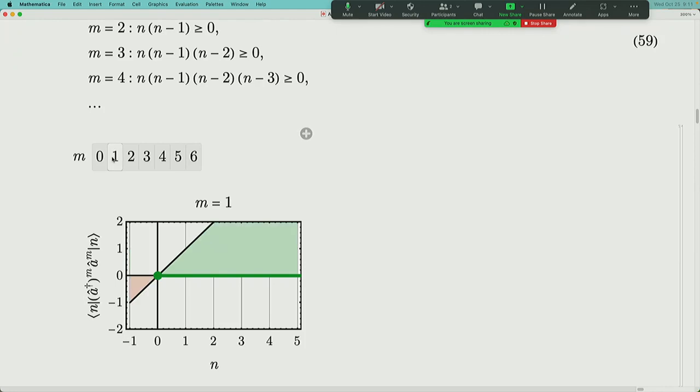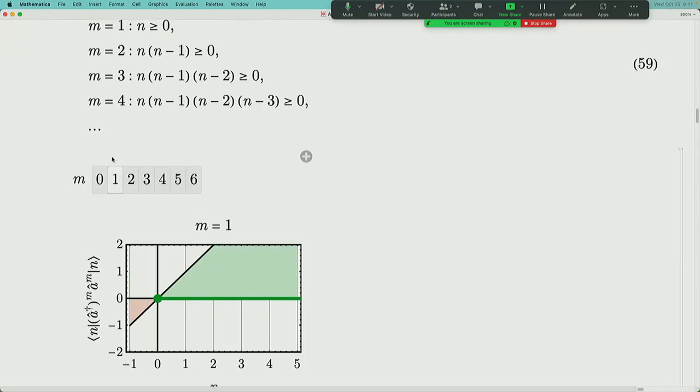But now you consider m equals 1. Let's take a look. M equals 1 means that n is greater than 0. So this black line is the function on the left-hand side, n as a function of n, a straight line going through the origin with slope 1. It becomes negative on the negative side of the real axis, and positive on the positive side.